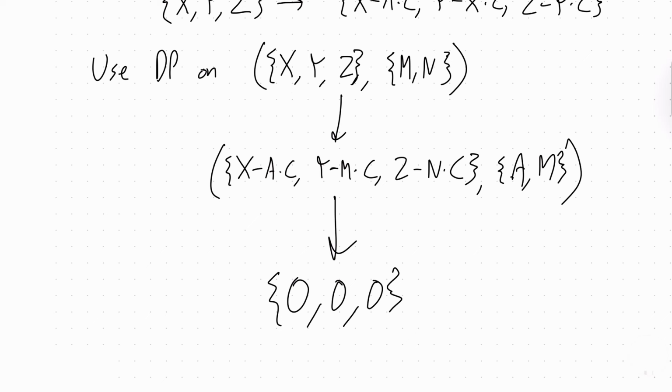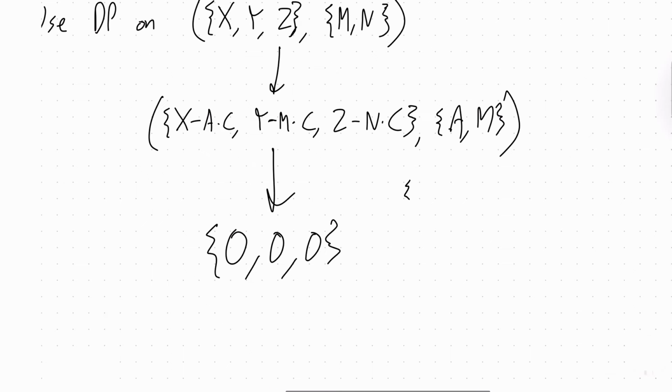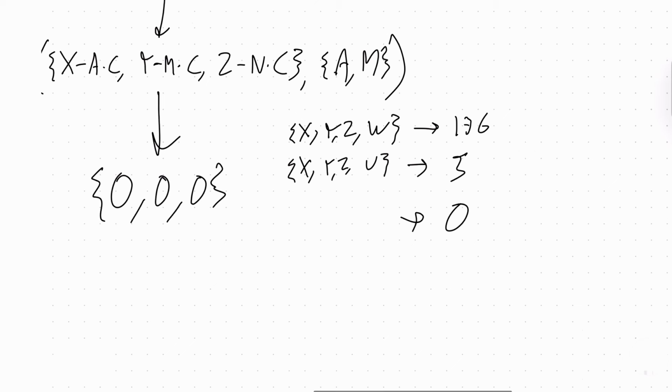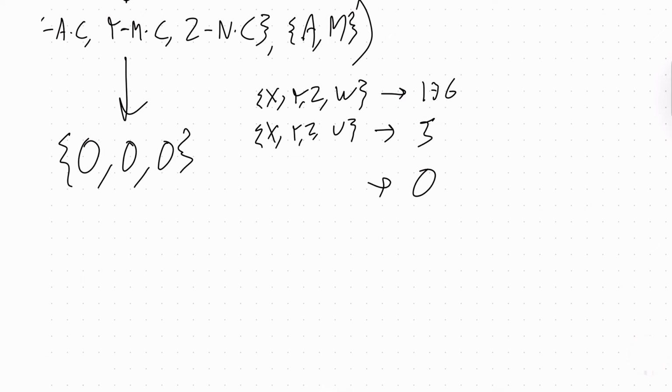So you might say that, for instance, X, Y, Z, W, for some W, has 136 possibilities. And then you might say that X, Y, Z, U, for some other possibility, might have 5. And sometimes you'll say that it has 0, in which case you won't even bother trying that in a later iteration of your DP. You'll just know ahead of time that, no, there are no answers.